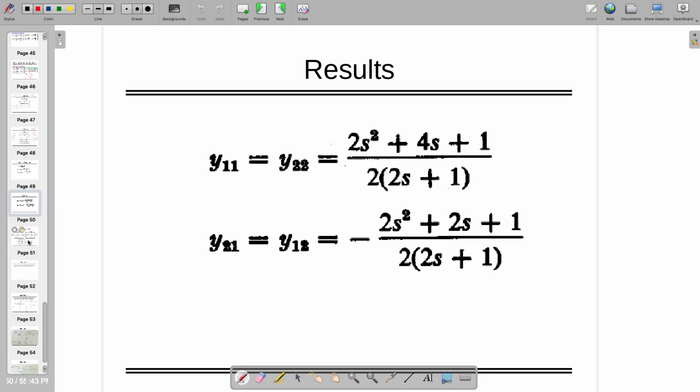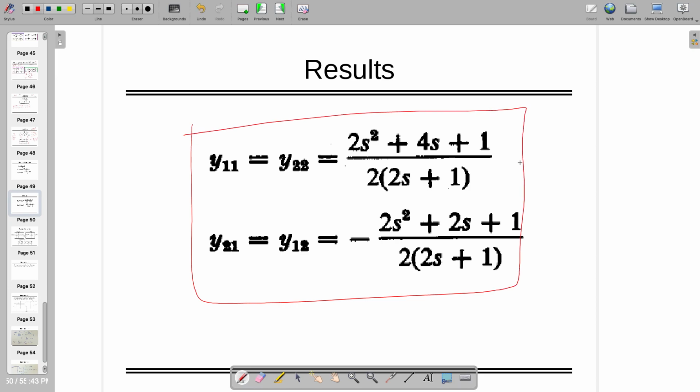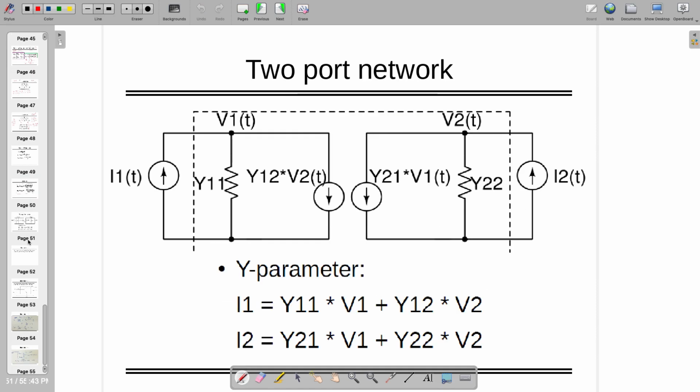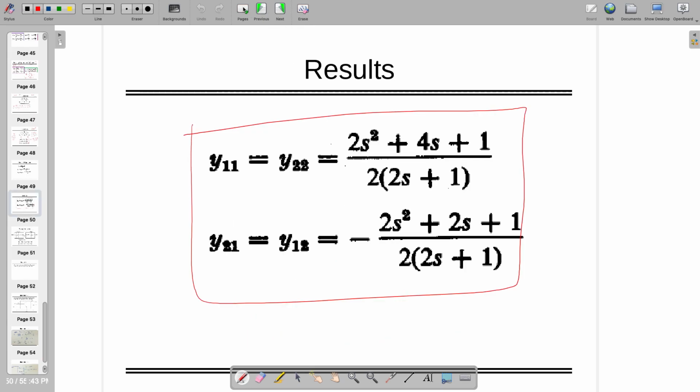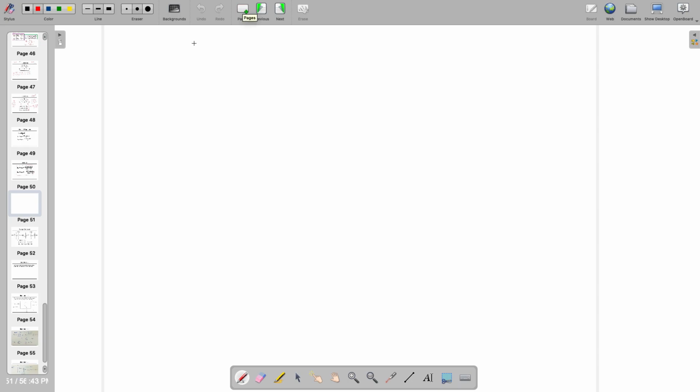Okay, if it has been asked to design for Y parameter, then you have to write I1 in terms of V1, V2 and I2 in terms of V1, V2. Similarly, you can get Y parameter also. It's just playing with the network equations. Similar to what we have done for Z parameter, we can do it for Y parameter also.